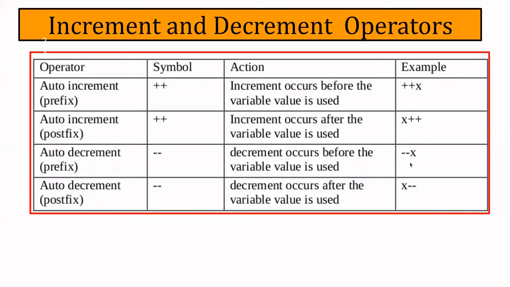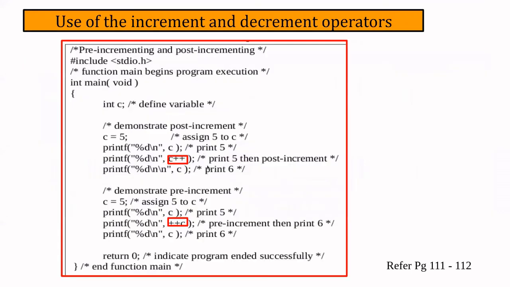Decrement means reduce by one. Increment means increase by one. Decrement also has prefix and postfix. Prefix means before the value is assigned. Postfix means after the value is assigned. You can see here.